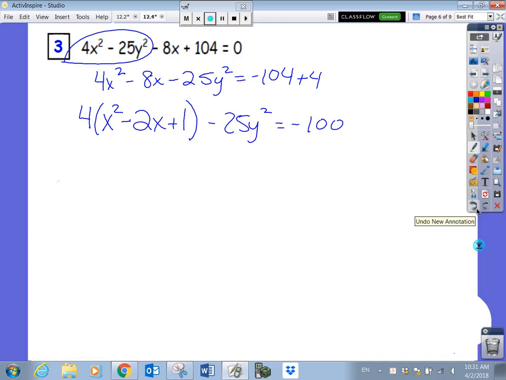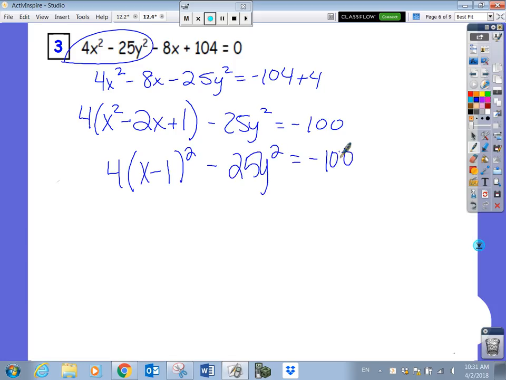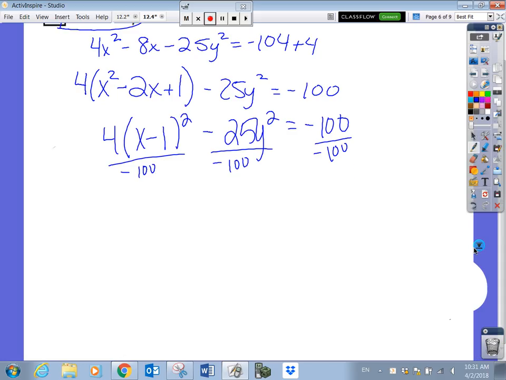All right, so the reason for completing the square is so that we can write it as a binomial squared. Now this equals negative 100. So we need to divide by negative 100. And you can just do one big negative 100. You don't have to do them all separate like that.